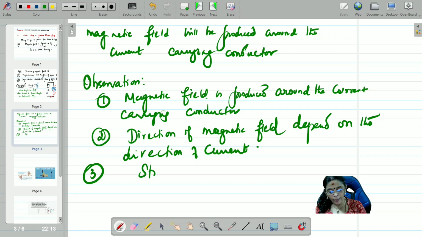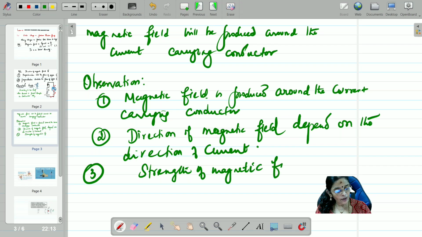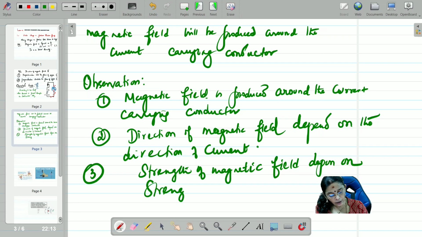Strength of magnetic field depends upon the strength of current. The more the strength of the current, the more is the strength of the magnetic field. So this is the conclusion drawn by whom?